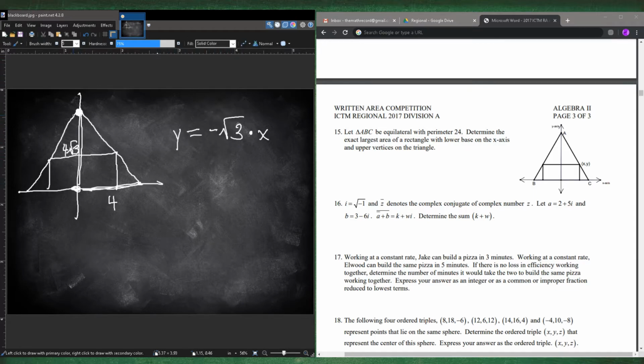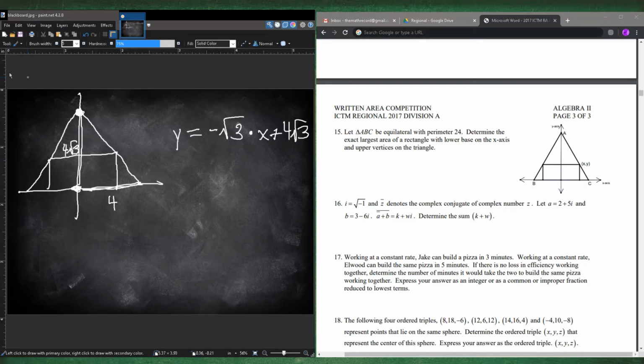And then our y-intercept is from here to here, which is basically just the length of our height, so it's just plus 4 square root 3. So if you had to graph this line, the equation is y equals negative square root 3 x plus 4 square root 3.